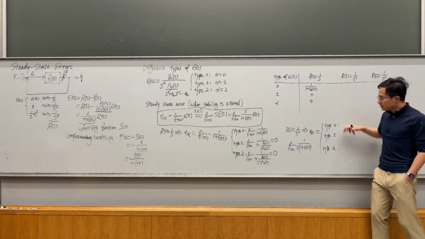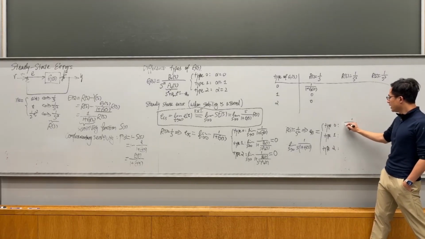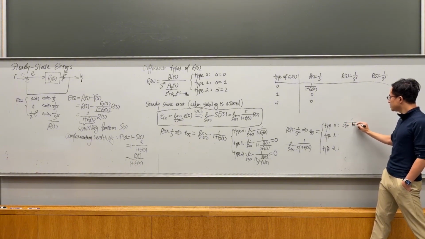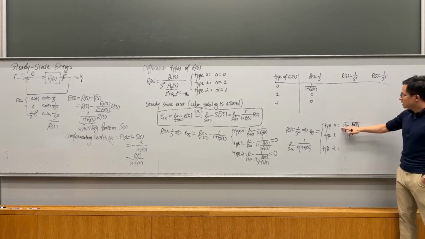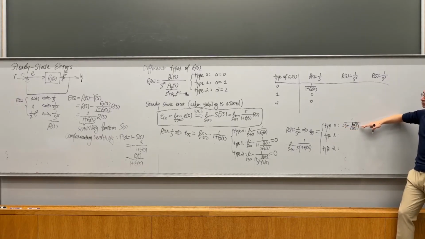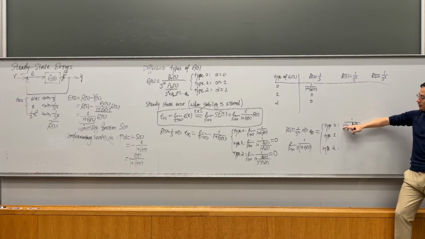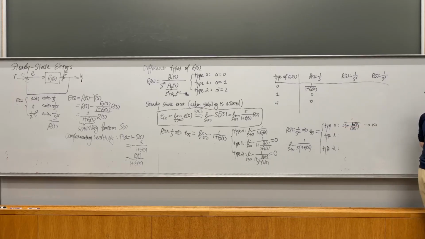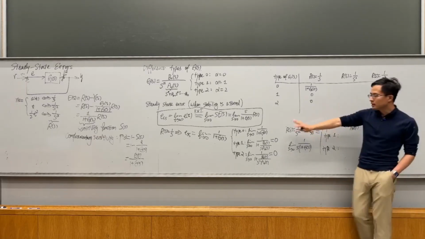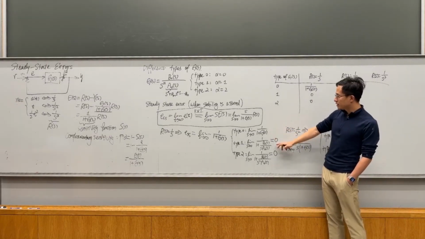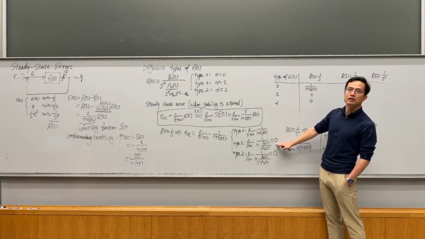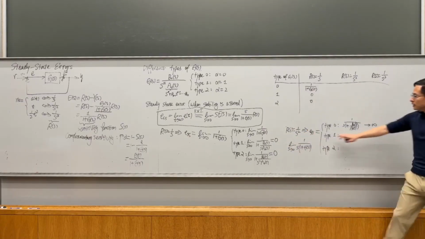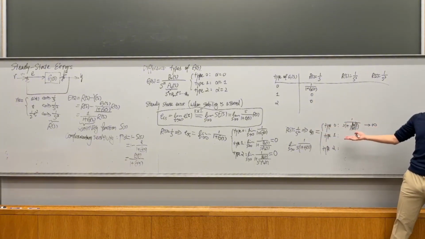If it is type 0, we're going to have 1 over S times 1 plus B0 over A0, with the limit of S going to 0. Inside here is constant, and if it's 0 in S, you can see this is going to go to infinity. So not so good. For type 0, it's worse than type 1 compared with the unit step response. So for a ramp signal, type 0 is not doing very well either.